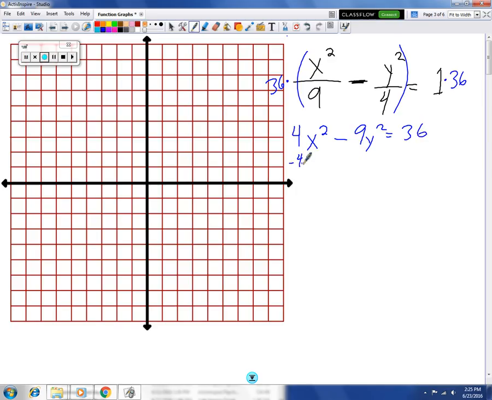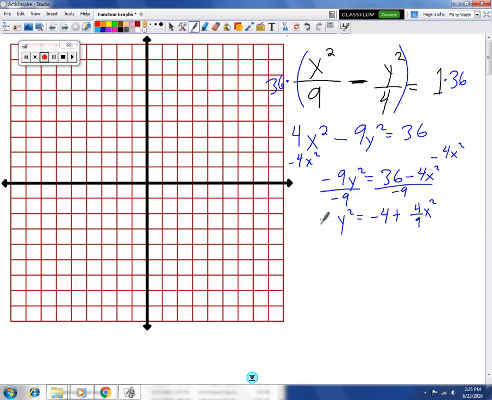If I subtract 4x squared from both sides, I get negative 9y squared equals 36 minus 4x squared. And if I divide both sides by negative 9, I get y squared is negative 4 plus 4 over 9 x squared.